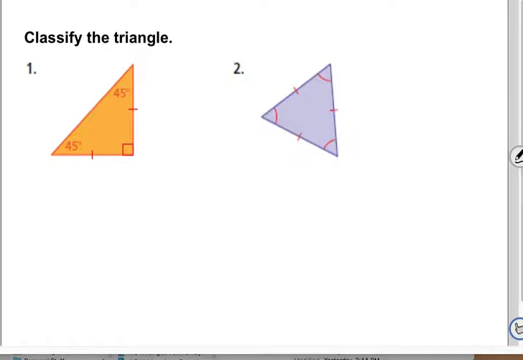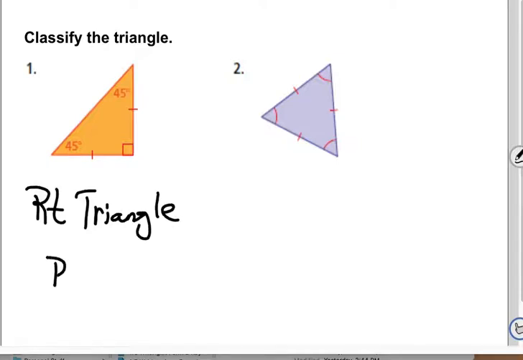Somebody that hasn't talked to me. Dakota, number 1. What type of a triangle is it? It is a right triangle. And if you're writing this for your homework, you could say it this way. Right triangle. The little triangle tells me that's what I'm talking about. Okay?